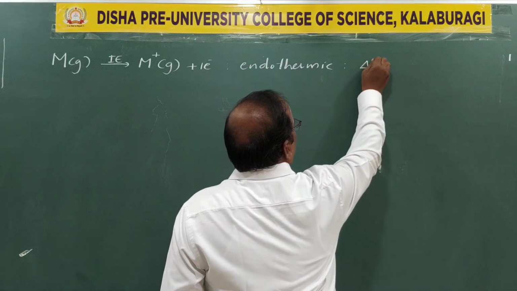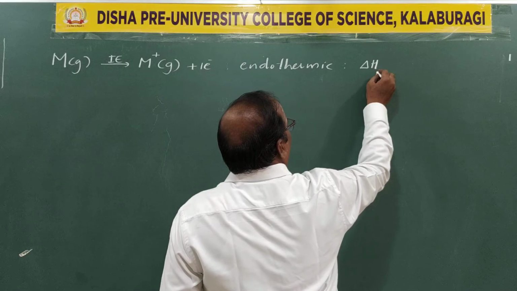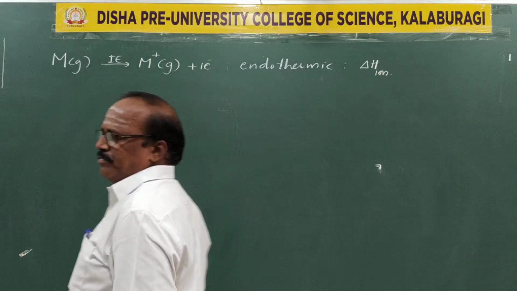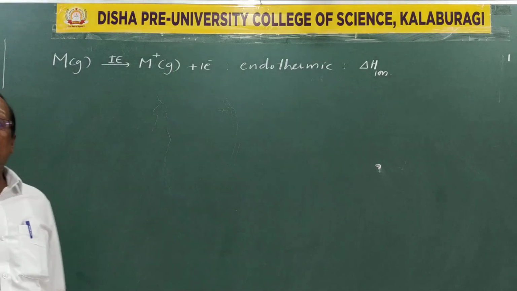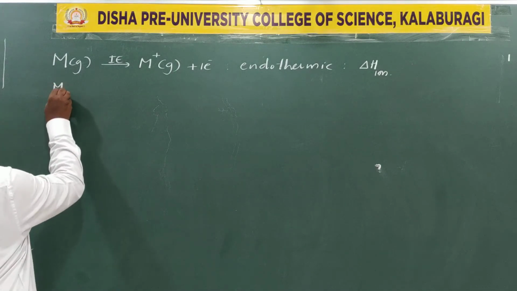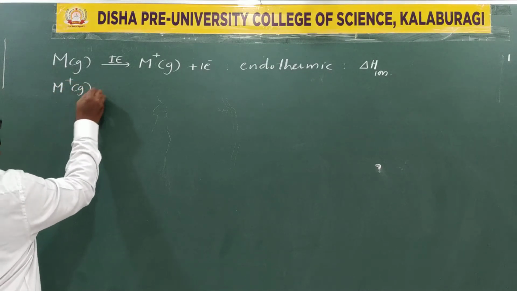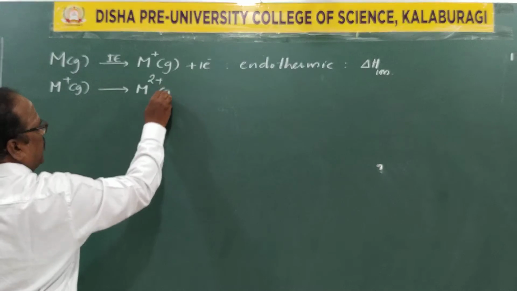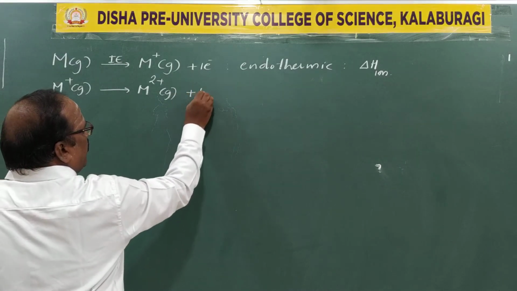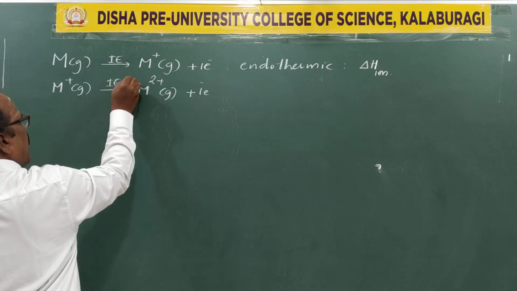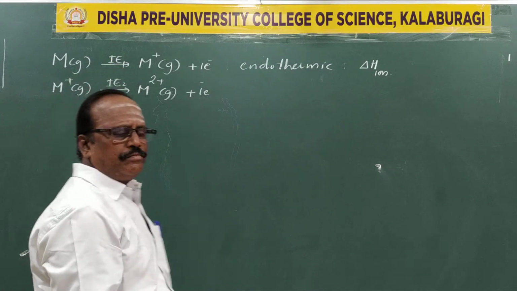It is written as enthalpy of ionization. Suppose you remove one more electron from M plus, then M plus gas becomes M2 plus gas. It has lost one more electron. We call it the second ionization energy.